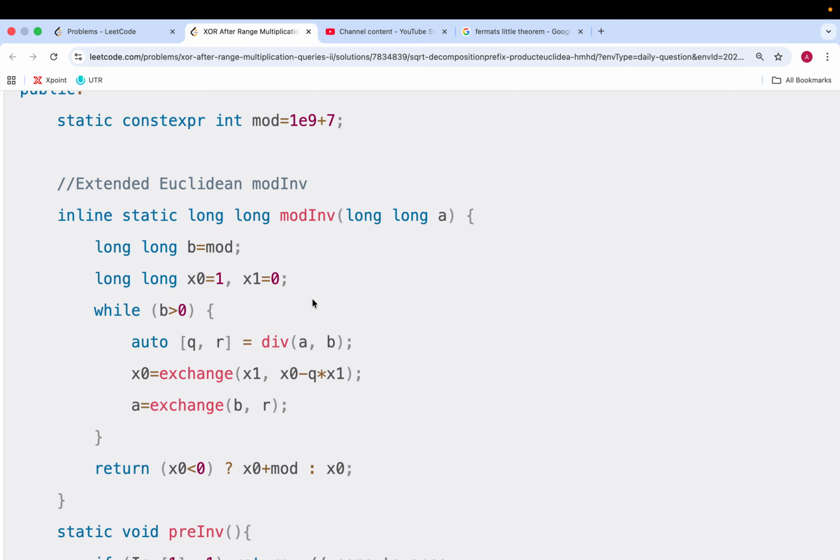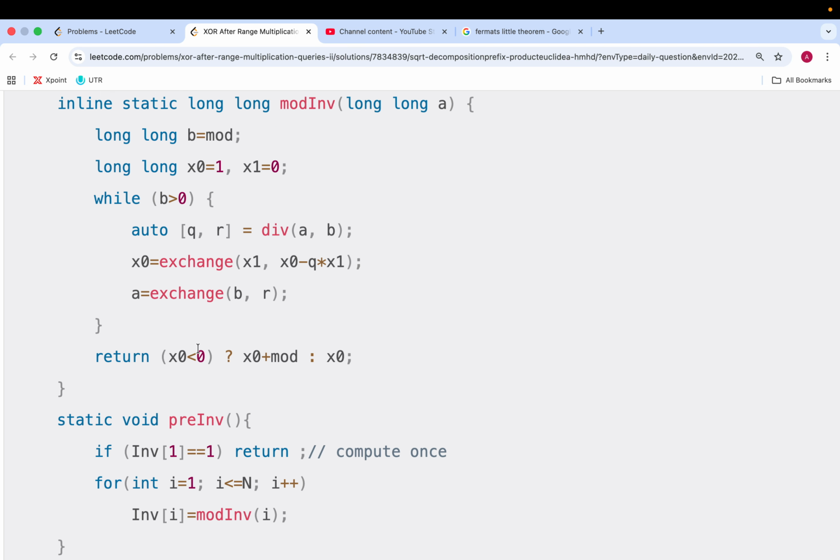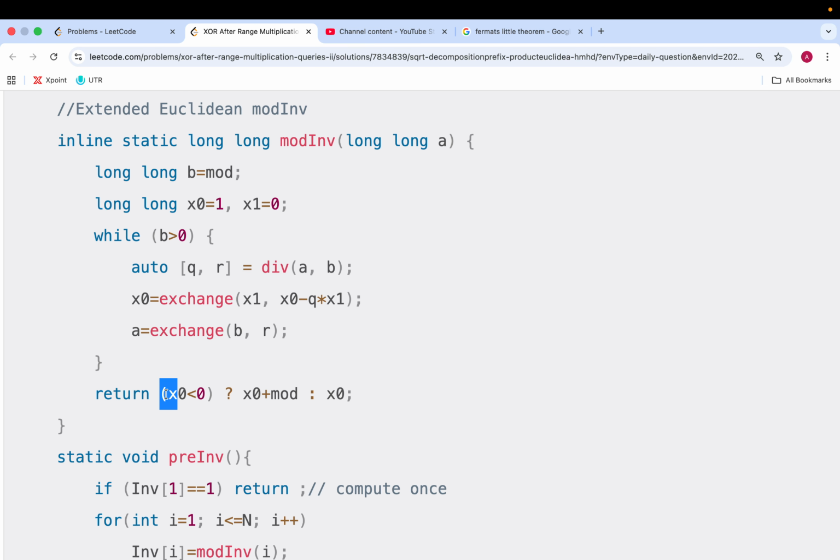Oh, man. Wow, okay. Return, if x naught is less than 0, then return x naught plus mod, else return x naught.